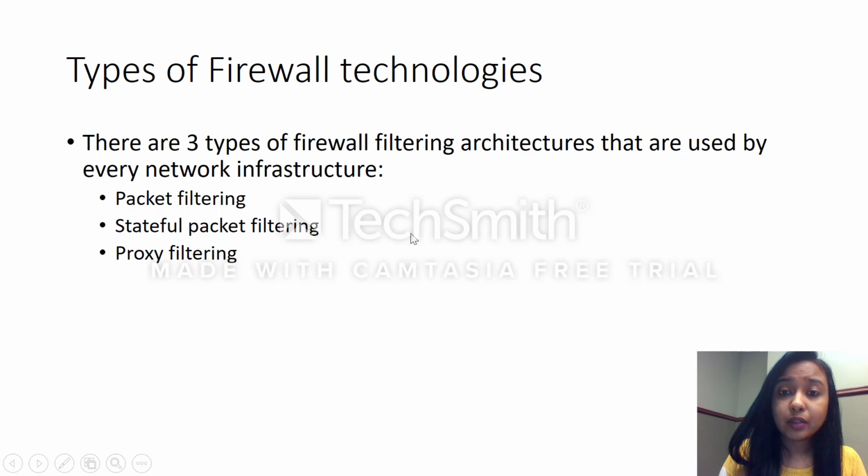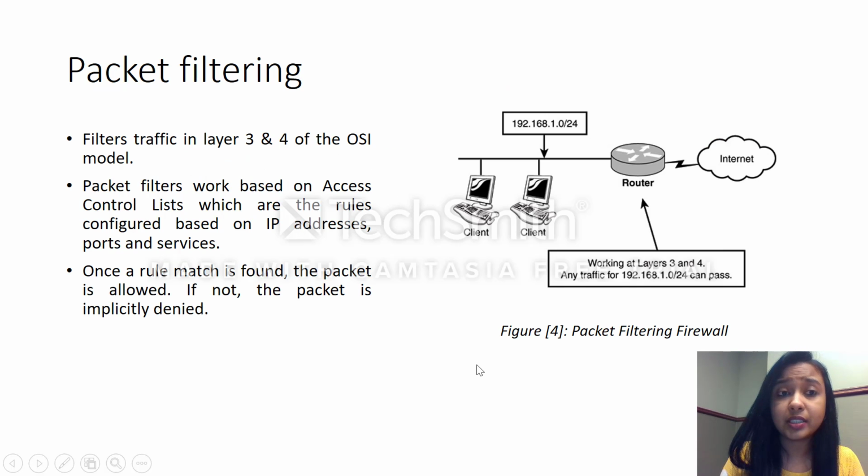Some of the different firewall filtering architectures are packet filtering, stateful packet filtering, and proxy filtering. So let us look into each of these filtering techniques in detail. Packet filtering is a kind of firewall filtering technique that operates in layer 3 and layer 4 of the OSI model.